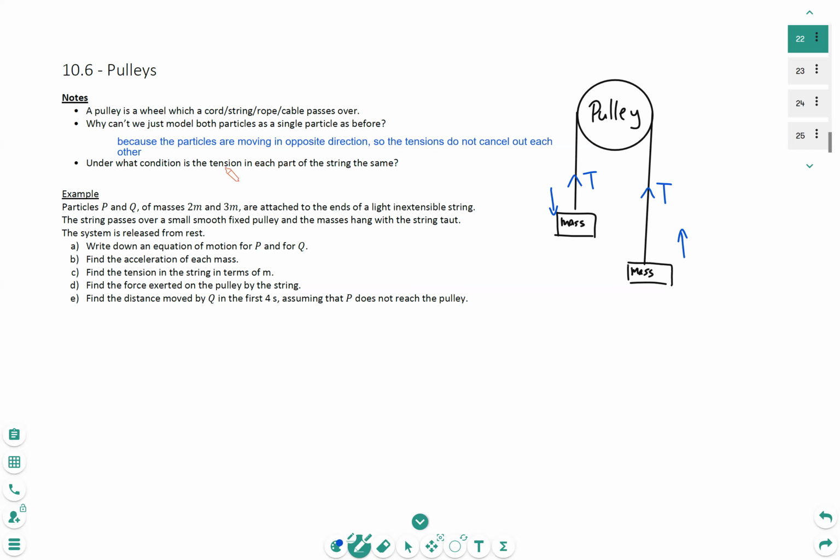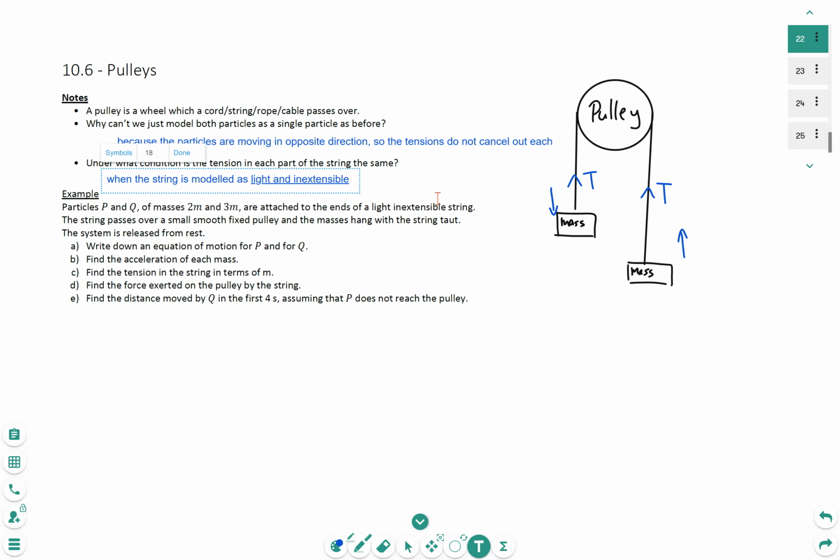But under what condition are these two equal? Well, that's the assumption that we make in mechanics in A-level maths, which is when the string is modeled as light and inextensible. You will see that in the line below here, a light inextensible string, which is a common assumption that we make in mechanics in A-level maths.